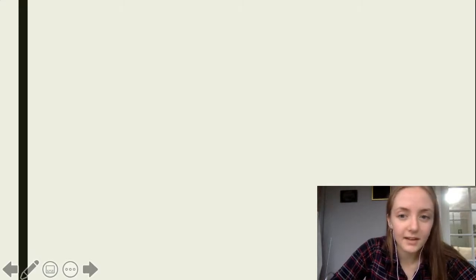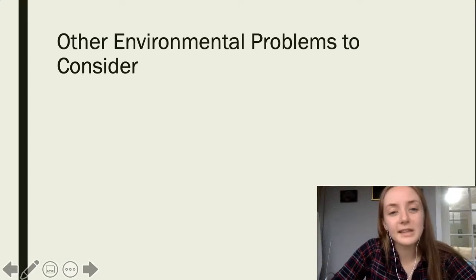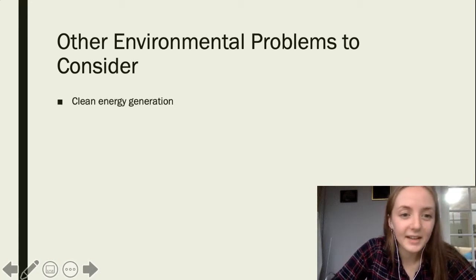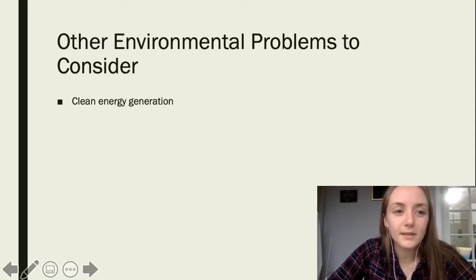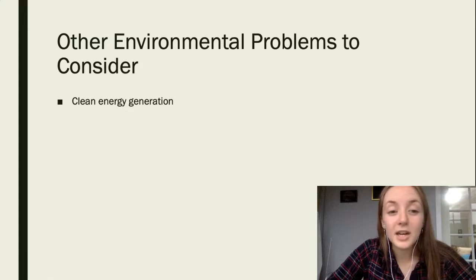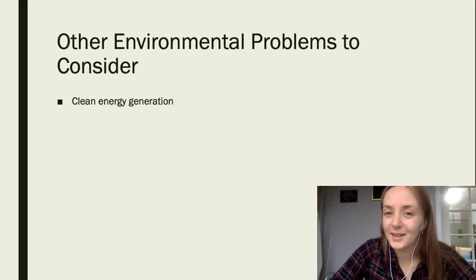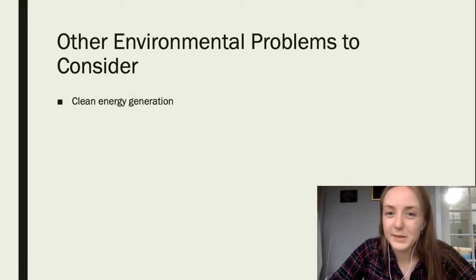And then some other environmental problems that we can consider, and that you can try and mull over yourself to come up with ideas, are clean energy generation. So obviously this is what we've just been covering. Can you think of more ways to generate clean energy? So not burning fossil fuels, and ideally, if we can, not using radioactive substances.